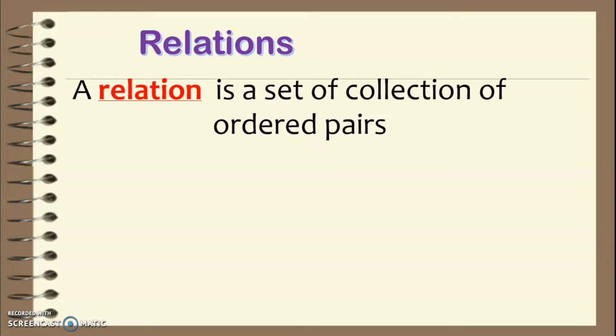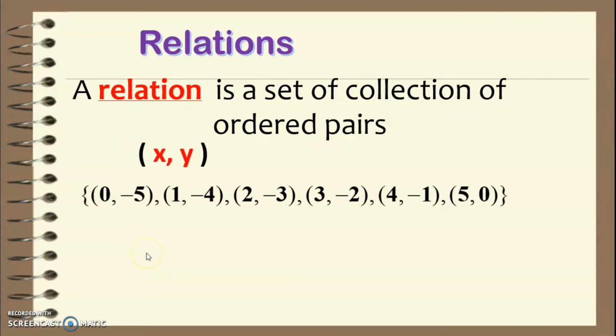A relation is a set of collection of ordered pair. When we say ordered pair, ito yung pares na X and Y, or we have first element the X and the second element the Y. We have example a relations set of ordered pairs.